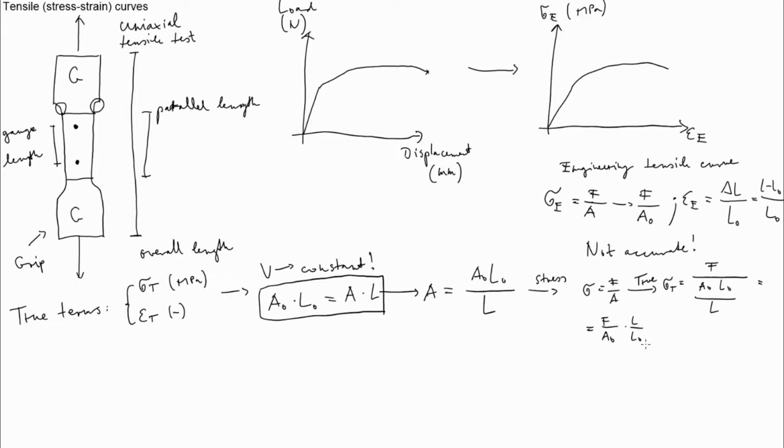So you can see that basically you have the force divided by the initial area times the ratio of the actual length and the initial length. So this is some sort of correction.